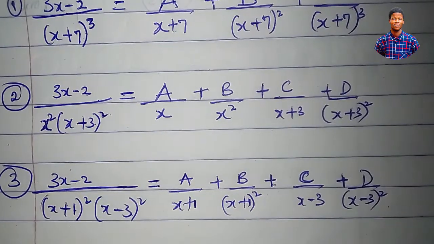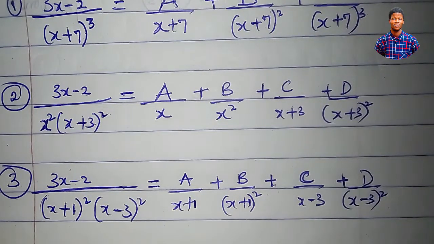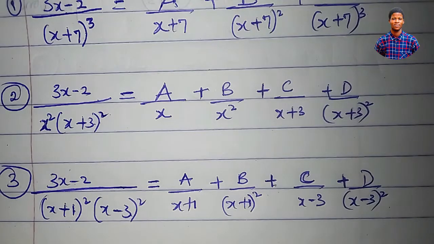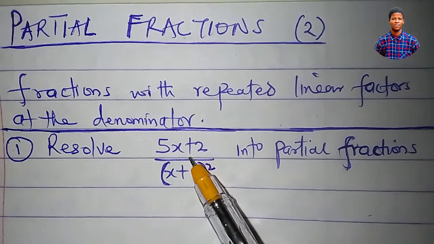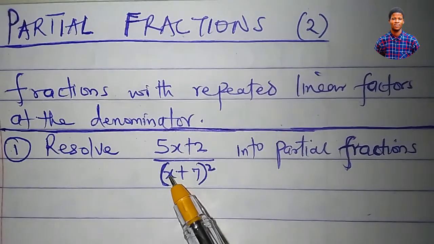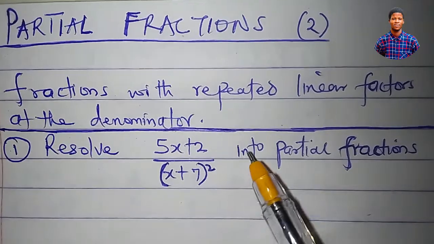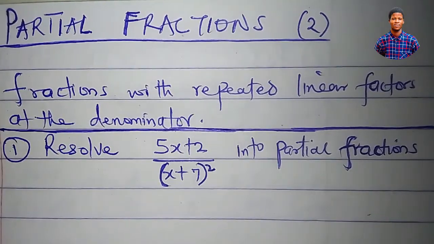Good. So this is how we resolve a compound fraction with repeated linear factors at the denominator into its component partial fractions. Now let's dive into the first example that we have. I want to resolve 5x plus 2 all divided by x plus 7 squared into partial fractions.